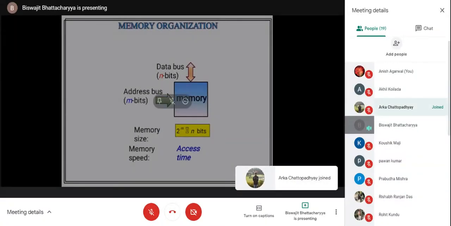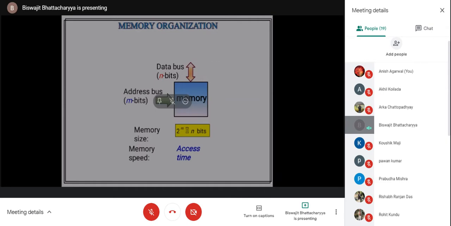Obviously 2 to the power m locations. So any particular location will be selected by the address bus with certain bit contents. Once a location is selected, then from the selected location either data will be read, or data will be written into the location. The length of this data is n bits.